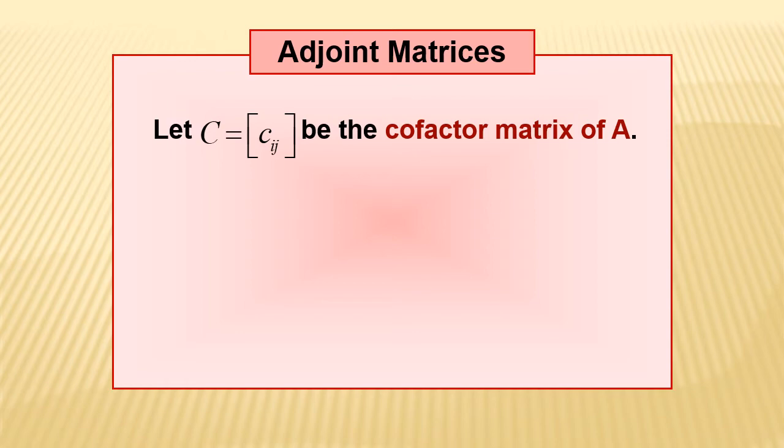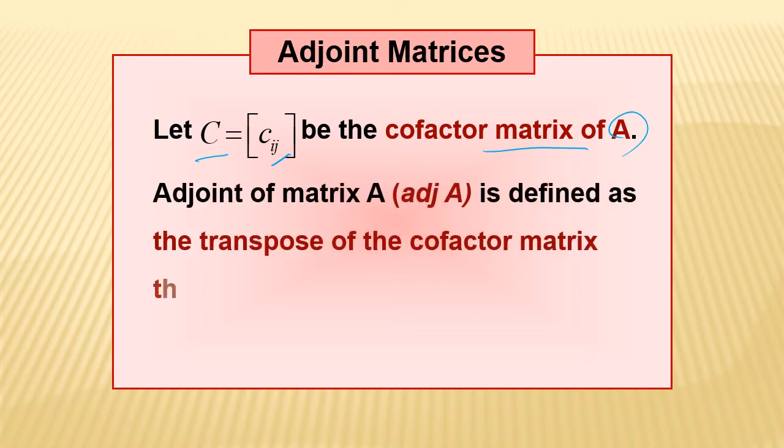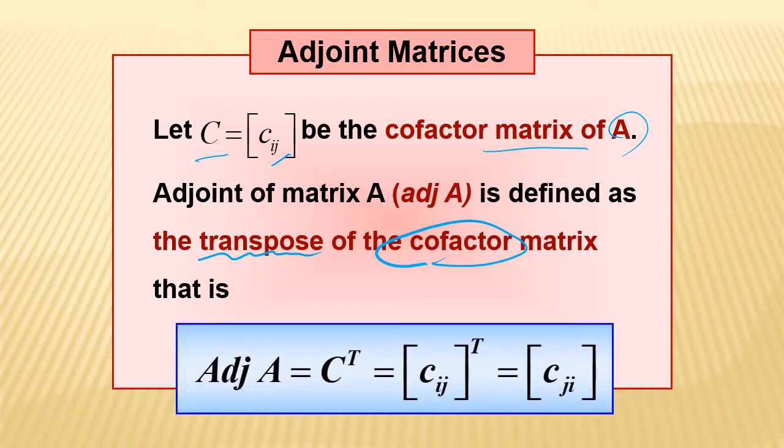Let C be the cofactor matrix of A. We have all the cofactors for the elements in matrix A, so we can write them down in the form of a matrix. Then the adjoint of matrix A is defined as the transpose of the cofactor matrix.